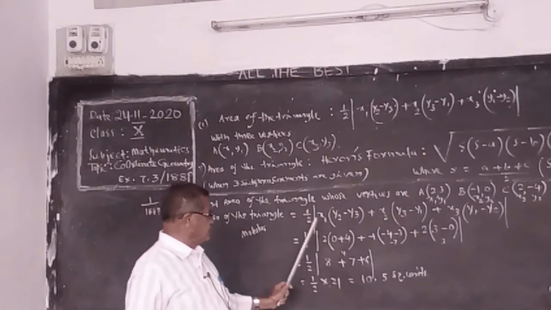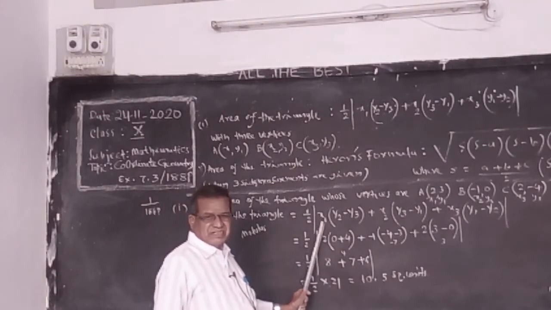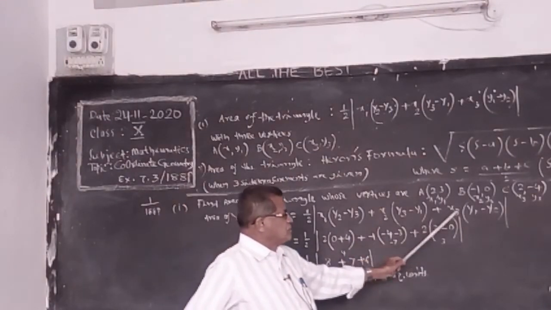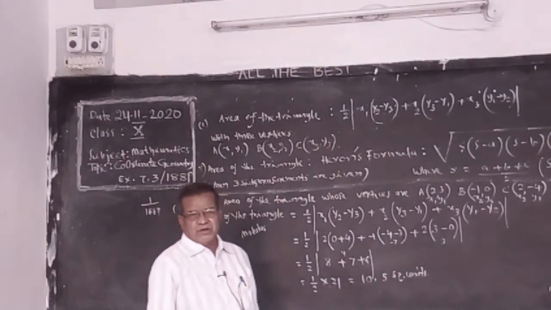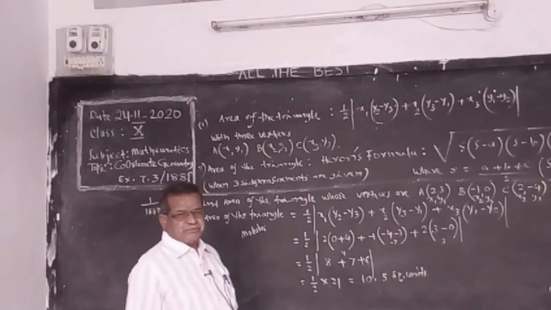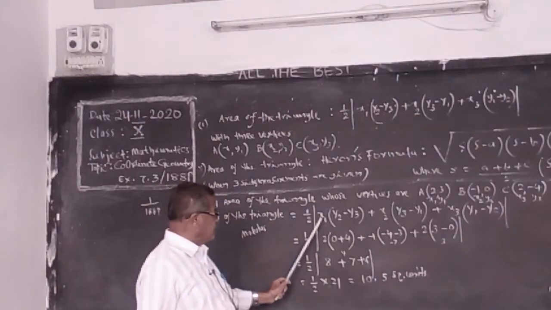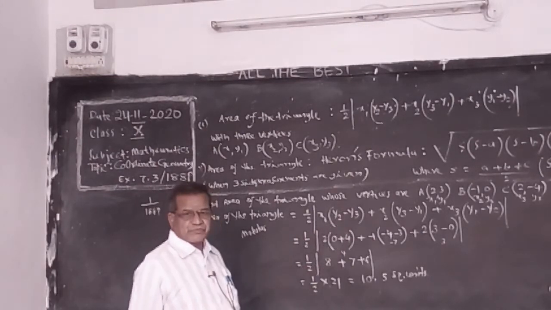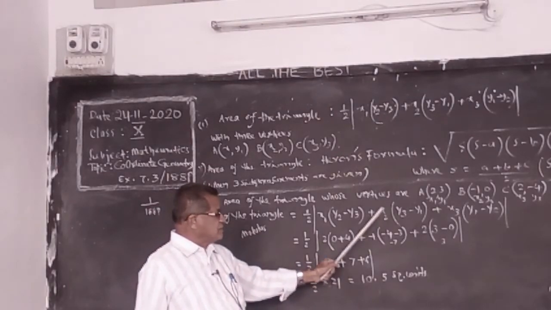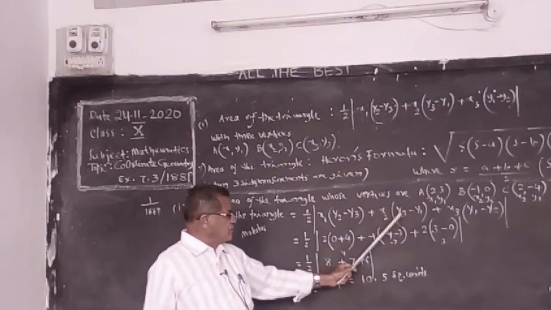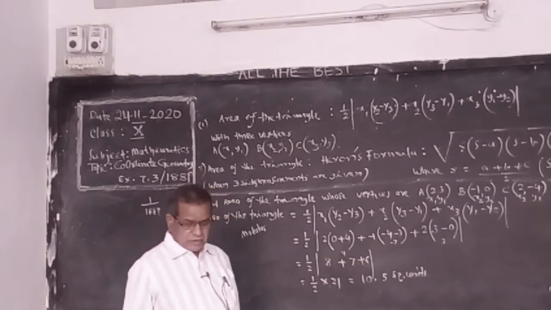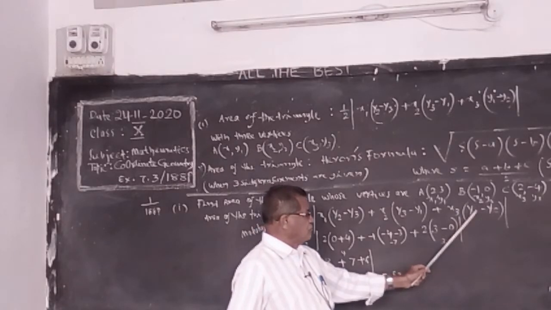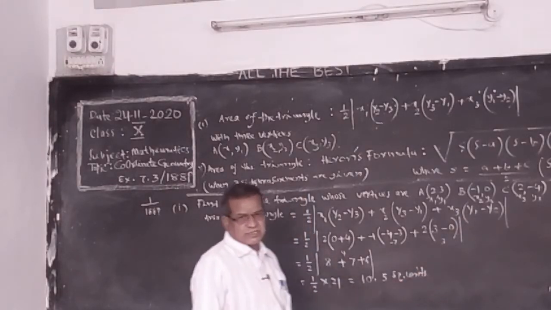The first bracket starts with x1, the second with x2, the third with x3. When we start with x1, it is y2 minus y3. When we start with x2, it is y3 minus y1. And when we start with x3, the order is y1 minus y2. This is the order.